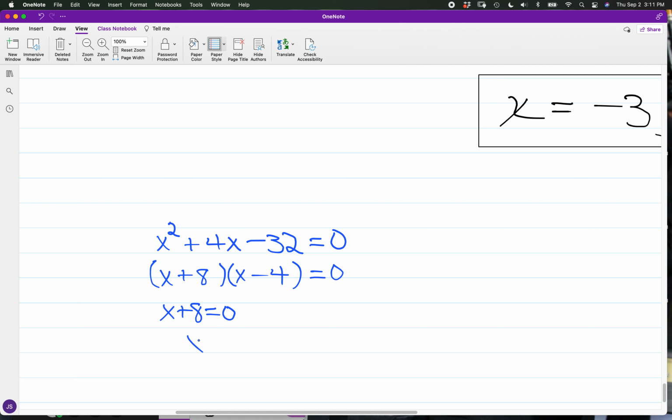And if we have x plus 8 equal to 0, we're going to have that x is equal to negative 8. If on the other hand, I had x minus 4 is equal to 0, we're going to have that x is equal to 4.